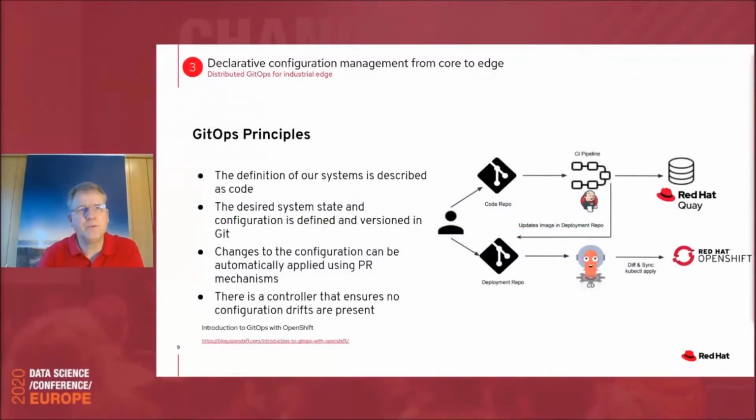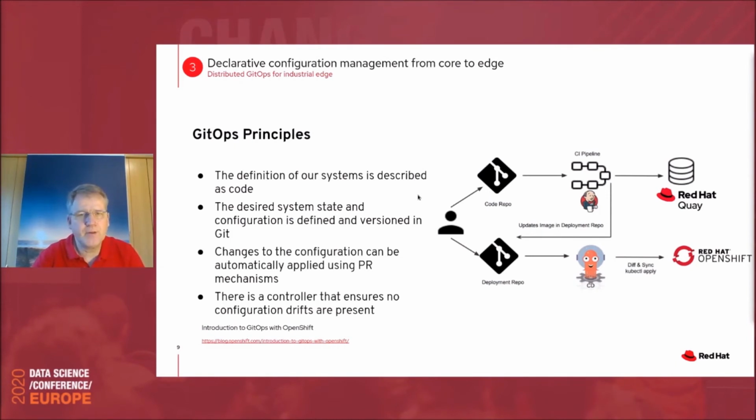Now we come to the use case of declarative configuration management with a distributed GitOps approach. Just to get on the same page, the GitOps principles, and the idea of using continuous integration pipelines for software development, integration, and release is well known.